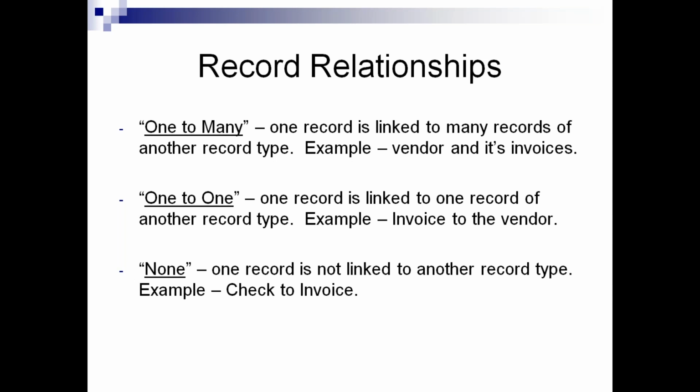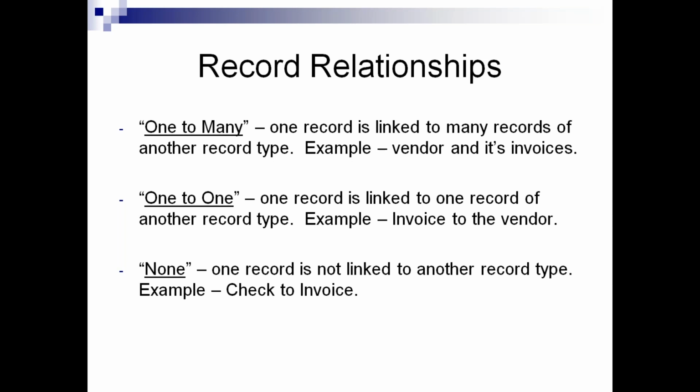And next week when we do our advanced session, we're going to talk about a function formula that will help you with that, where you can build a relationship between records that don't actually have a relationship. For example, a check record does not have an invoice number field in it.